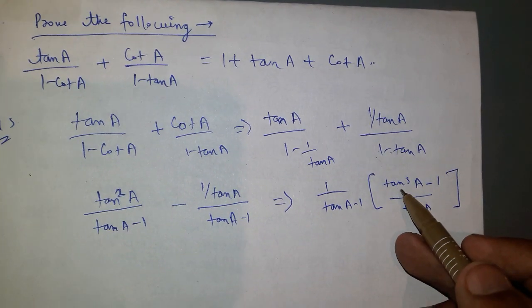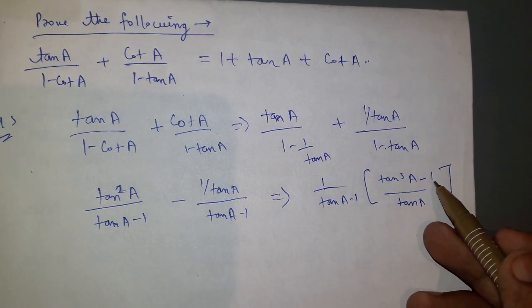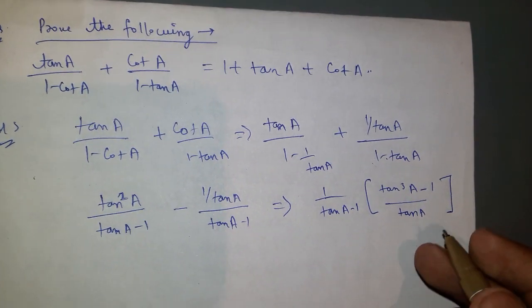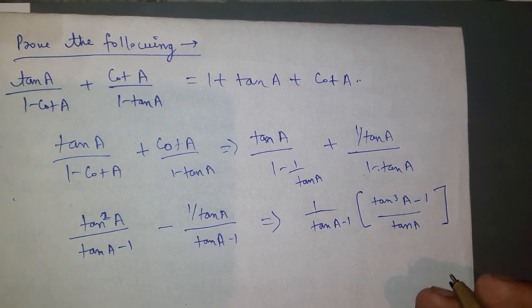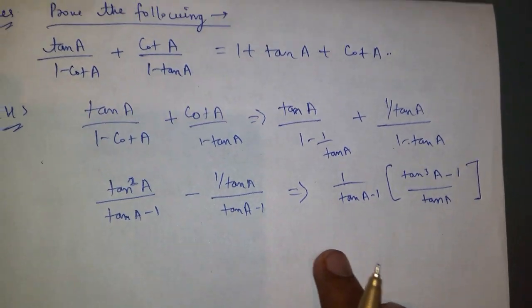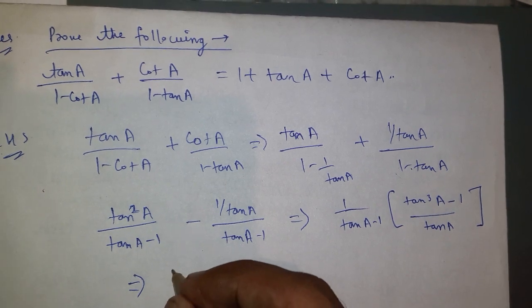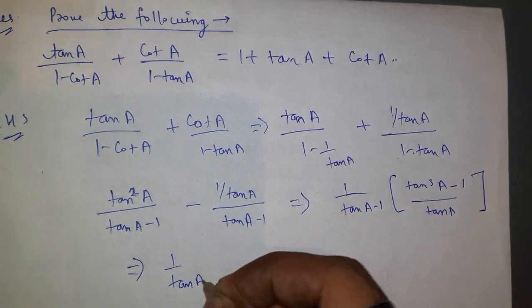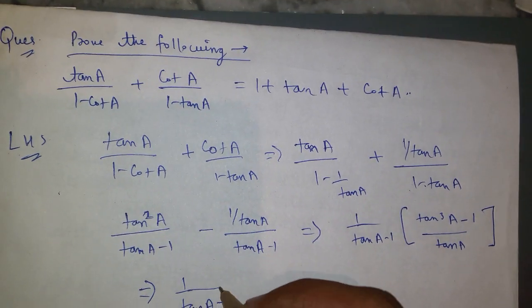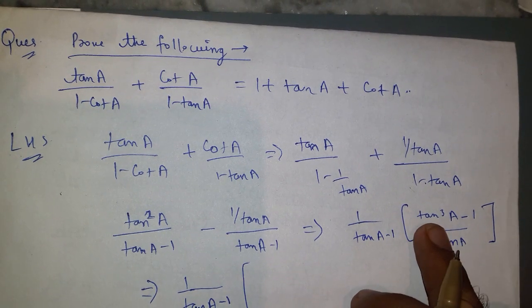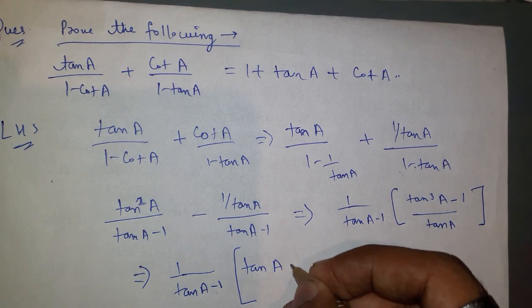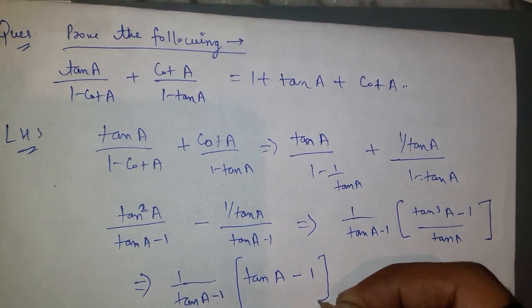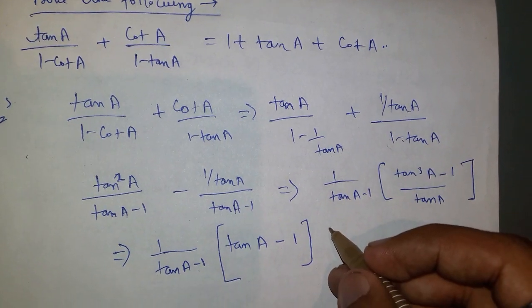Here we can write A cube minus B cube, so we have to use the identity. What is A cube minus B cube? A minus B multiplied by A square plus B square plus AB. Using that identity, it can be further written as 1 upon tan A minus 1, and inside this I have used the identity: A minus B, and here A square plus B square plus AB.